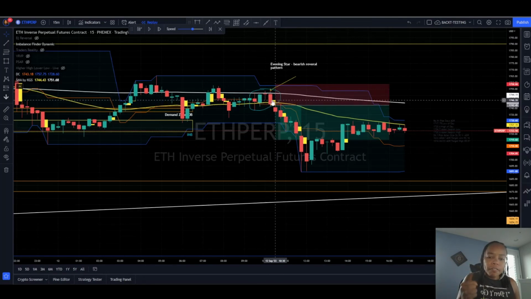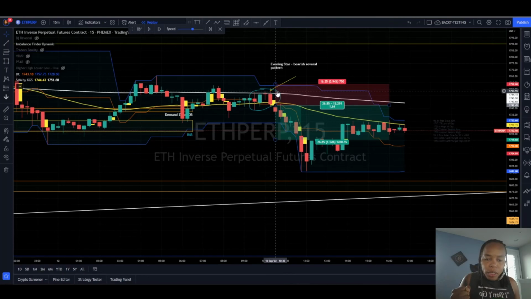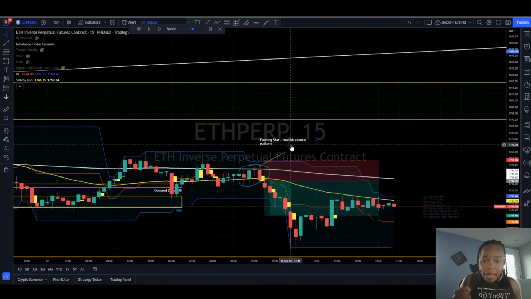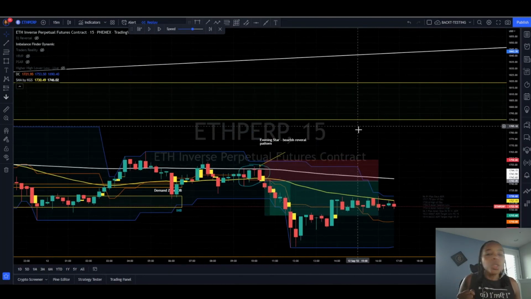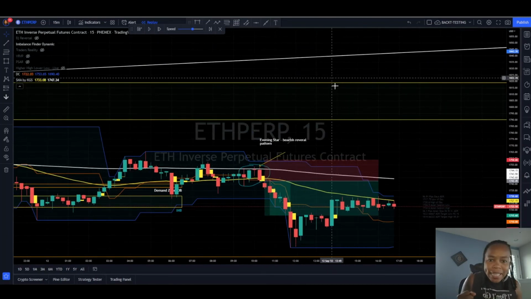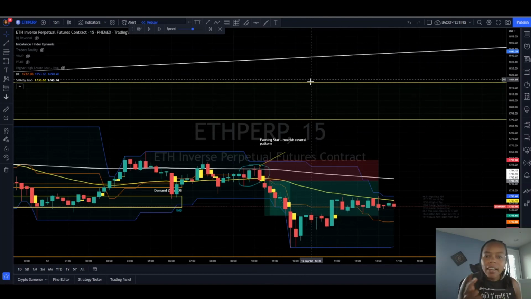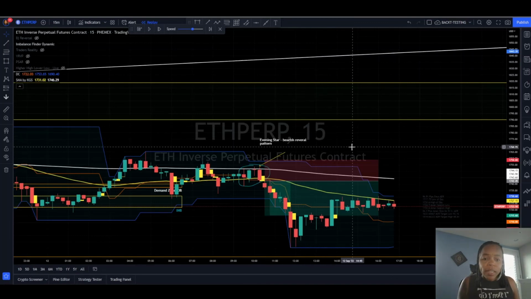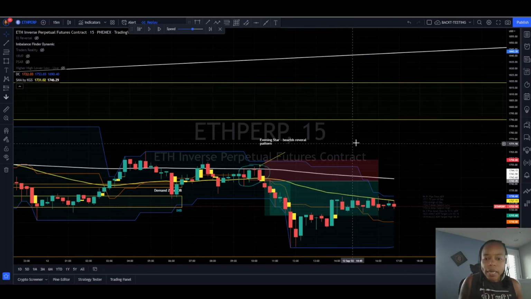So if this had gone in the opposite direction and closed above the 200, then we would have been long biased, because guess what? Juicy imbalance up here to be eaten, and we have that along with this trend line up here as potential targets.